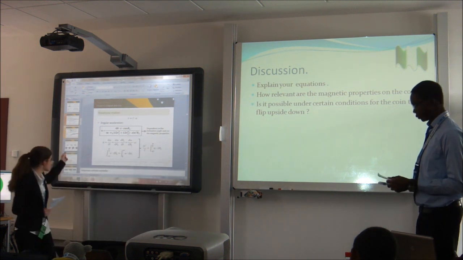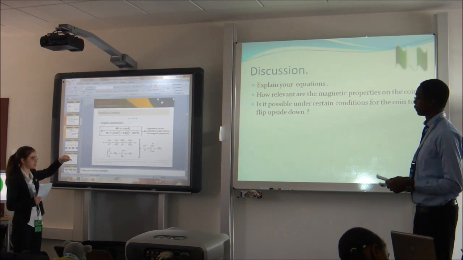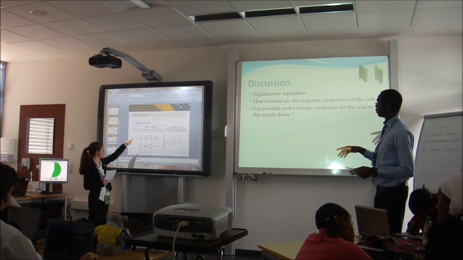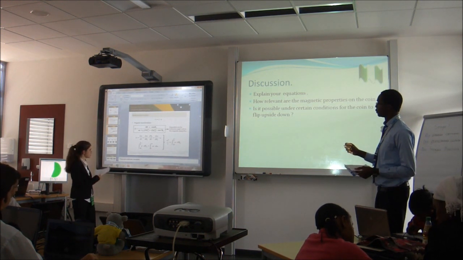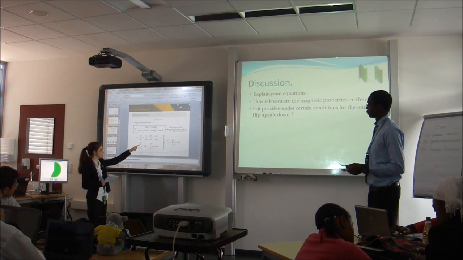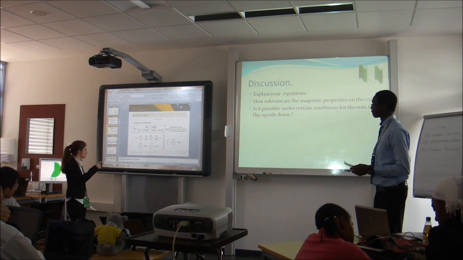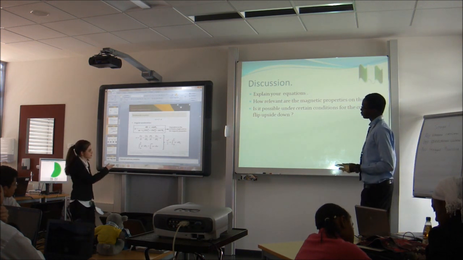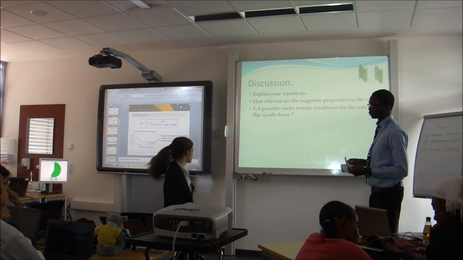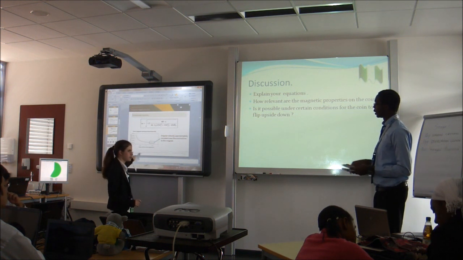The integration of the angular acceleration over time is the angular velocity, so we get d omega over d theta 1, times d theta 1 over dt is d omega, d theta 1 on omega, and then integrating both sides of the equation, we have the angular velocity. So the moment of inertia is implied in the angular velocity of the coin. That's really important.